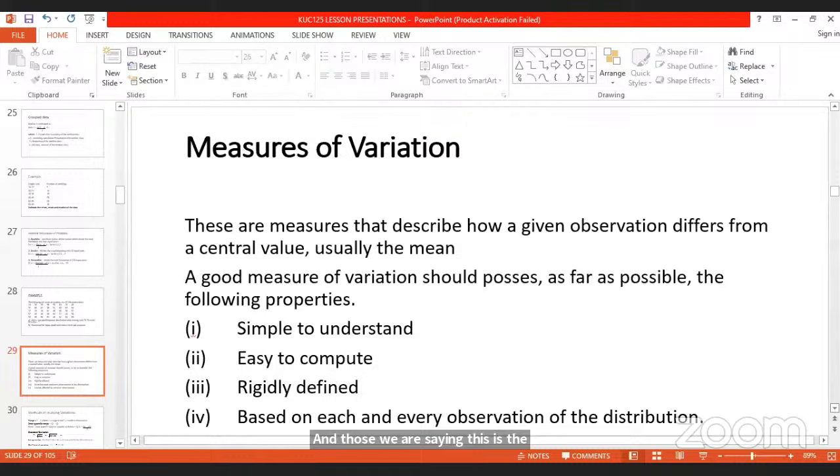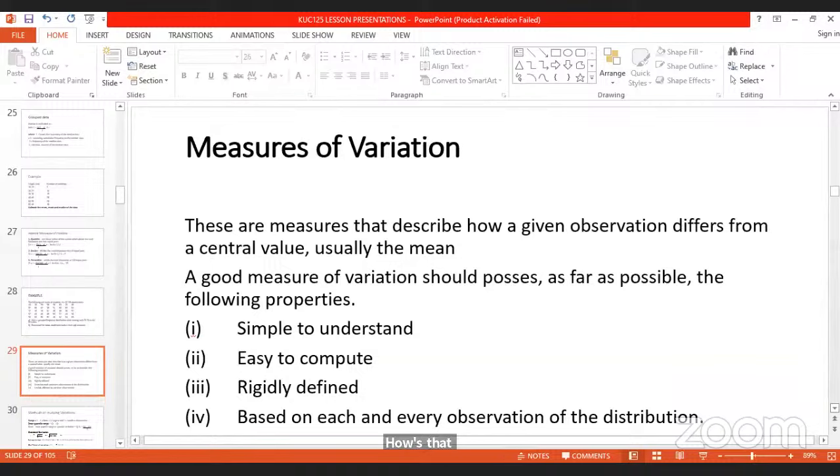If instead of 10 you put there 12, what is affected most is the mean. And therefore, the mean becomes the most important measure of central tendency.